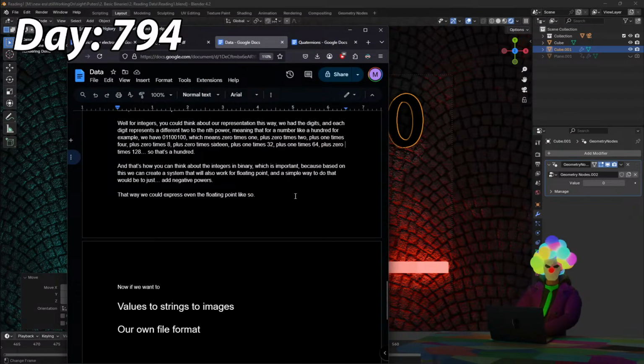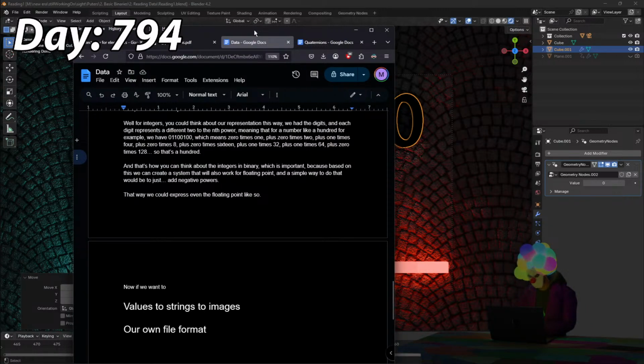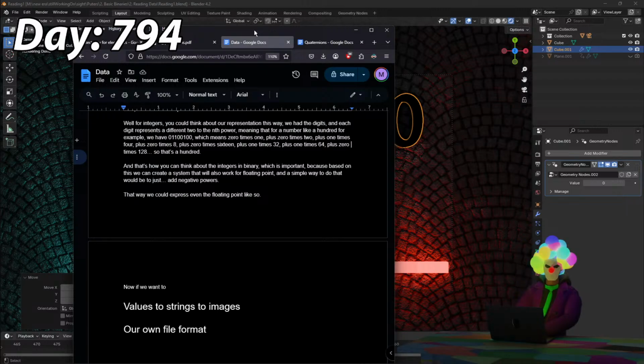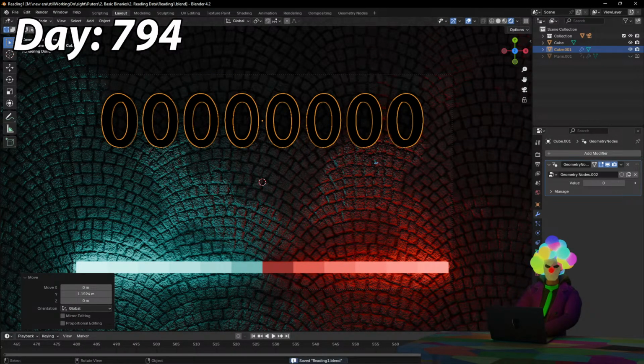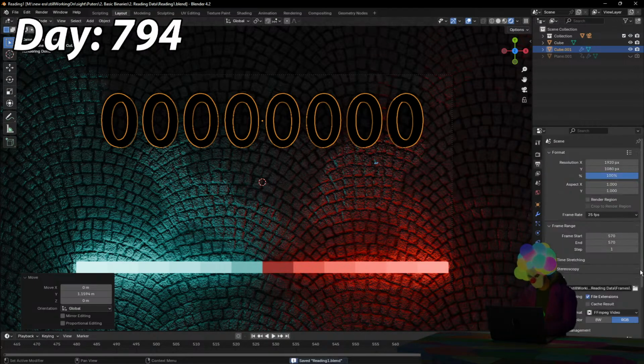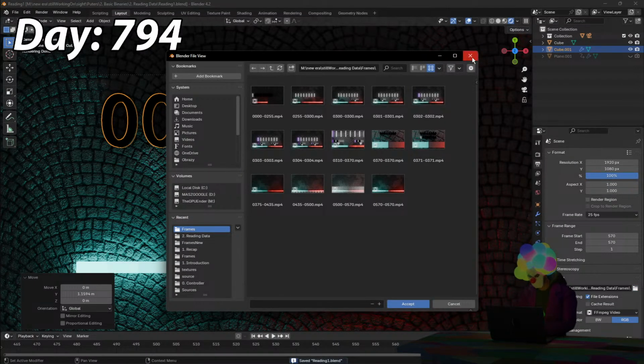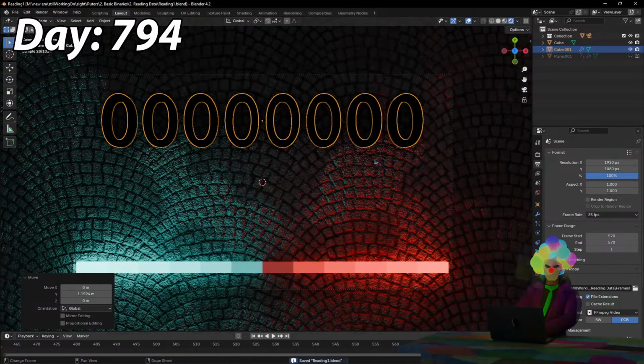Integers are going to be written this way. We had digits. Each digit represents a different number at the nth power, meaning that for a number like 100, for example, okay, so what we want now is 70, yeah.